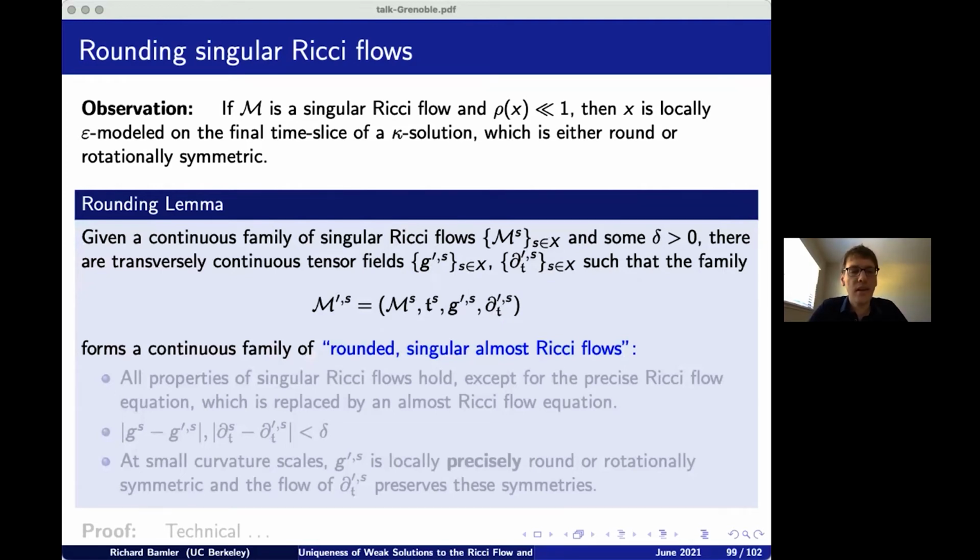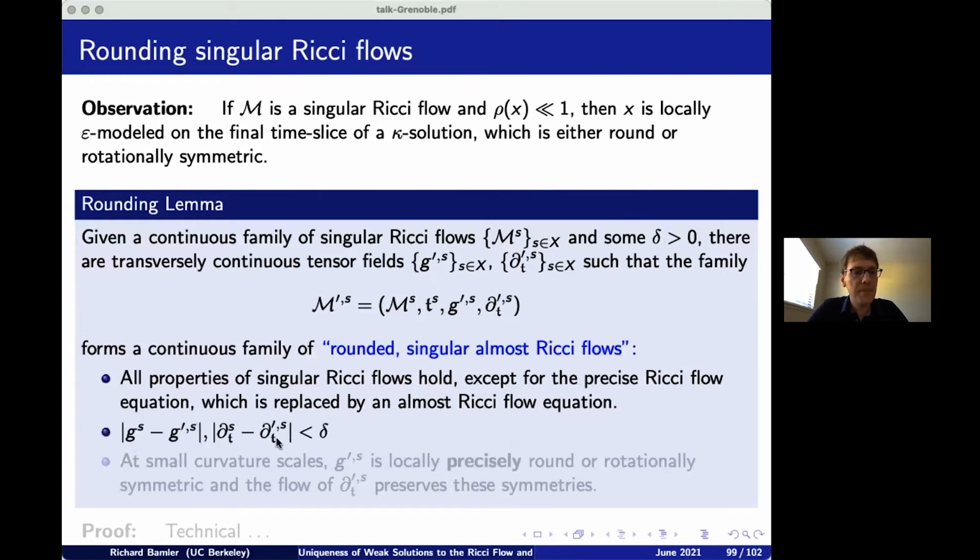Okay, so essentially what I mean by this is that I want all the properties of singular Ricci flows to hold except for the precise Ricci flow equation, which I'll replace by an almost Ricci flow equation with precision delta. I really don't care anymore whether something evolves by the Ricci flow, because our discussion will be mainly topological from there on. So I can violate the Ricci flow equation.